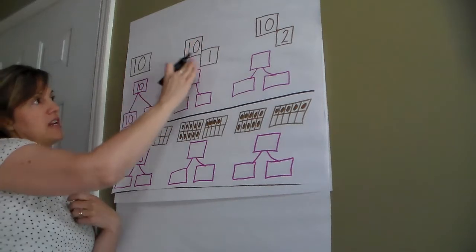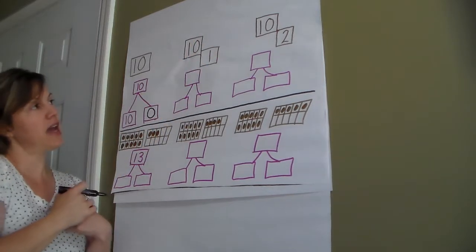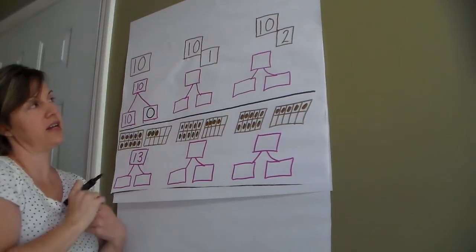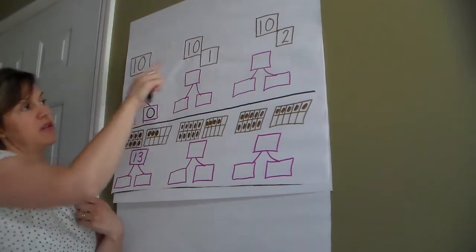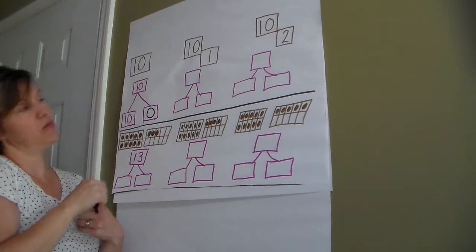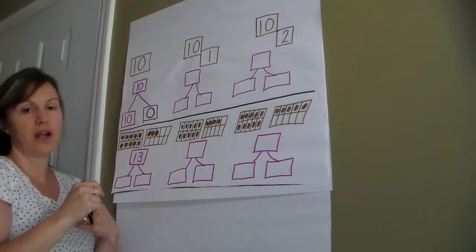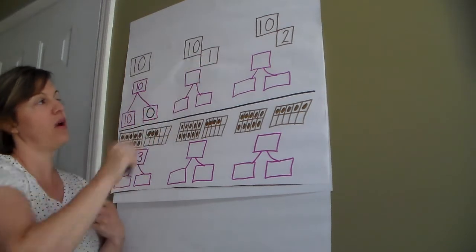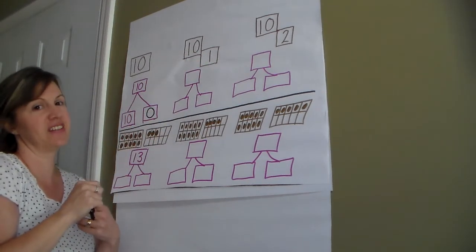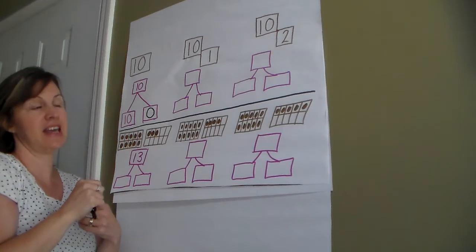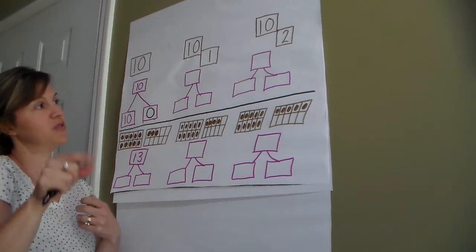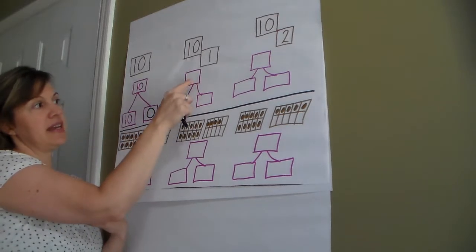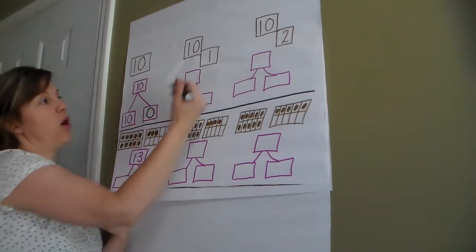So now moving over here to the next bunch, I have again a card here and a card here. Number 10 again, but this time I have one more. So 10 and one more. What number do you think that is? 11. 10 plus 1 equals 11. So I'm going to put 11 in that hole.